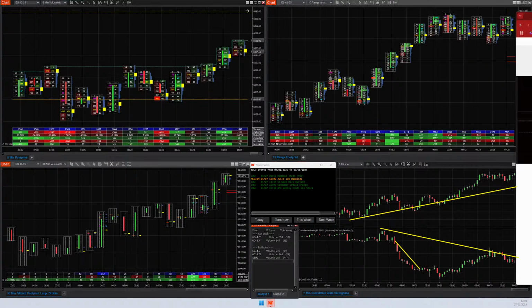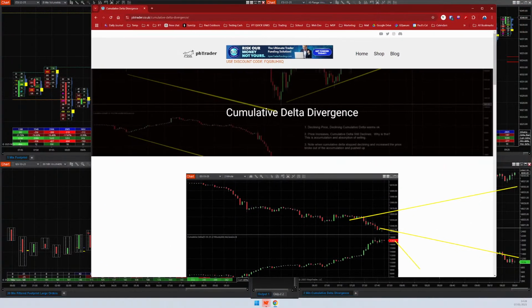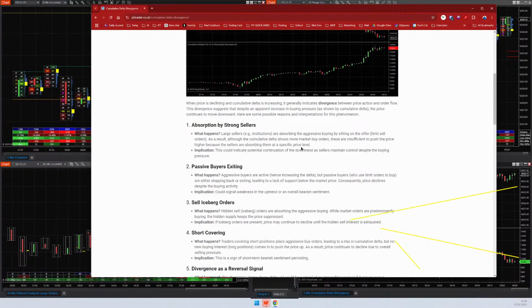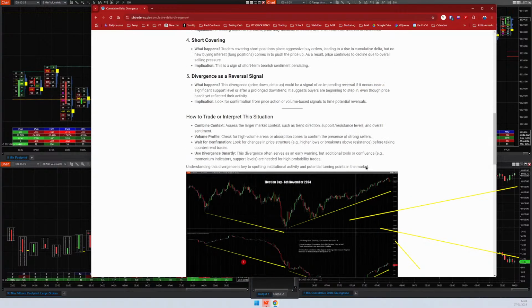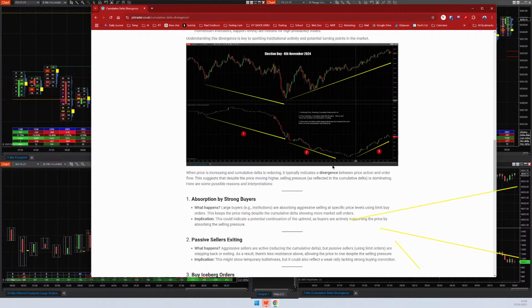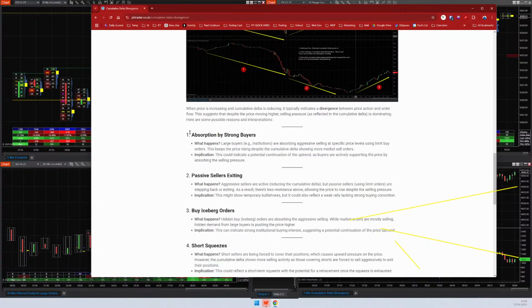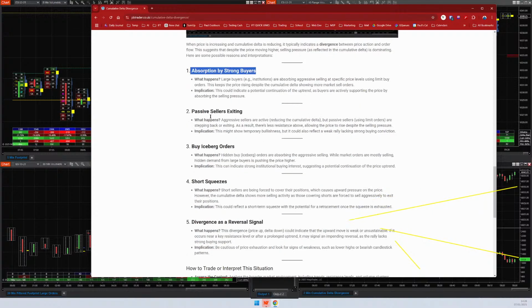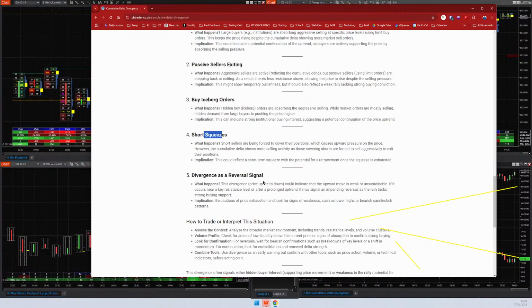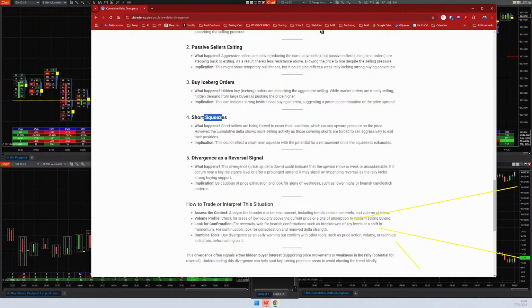Here we go. I did write an article about cumulative delta and how to decipher it. So this is basically this one here. So we could be looking at increase in price, decrease in delta, and there's a few scenarios what could be causing it. Absorption, passive sellers just getting out, big iceberg orders, short squeeze, and how to interpret it. So maybe have a look at that.